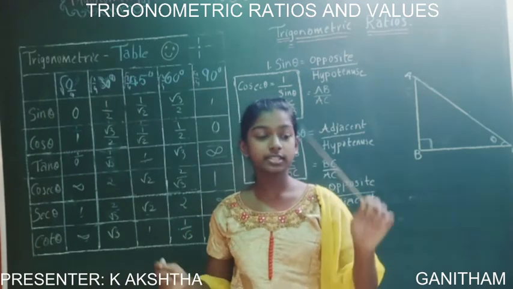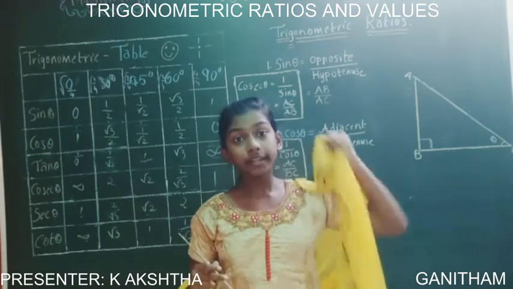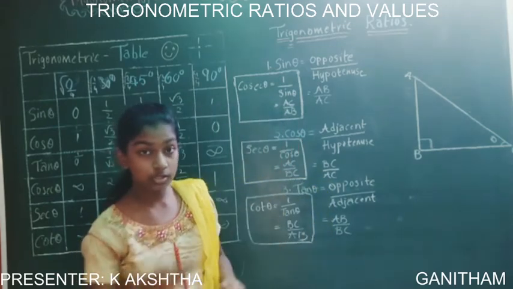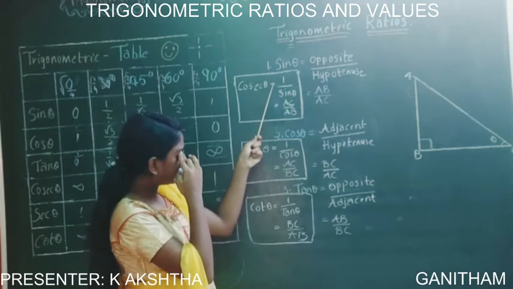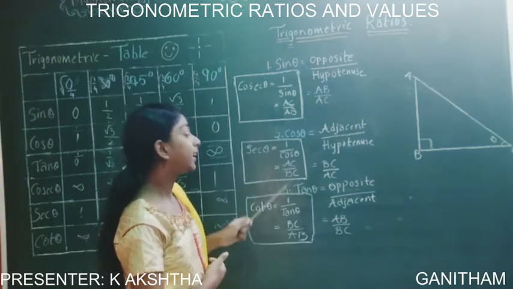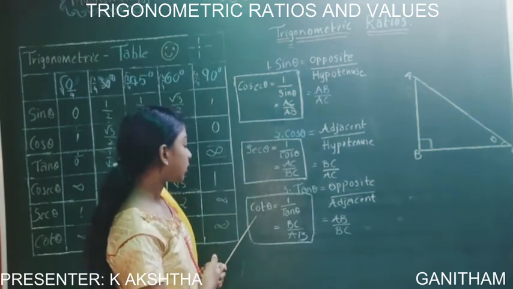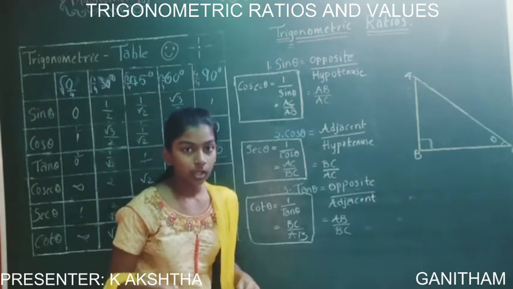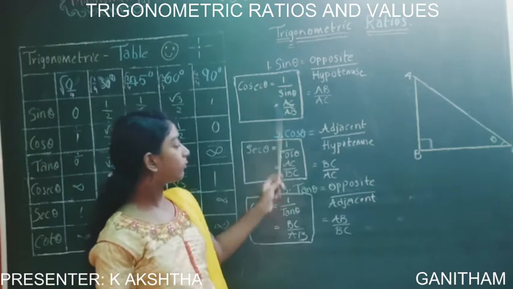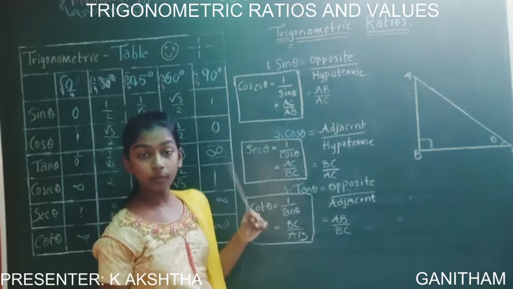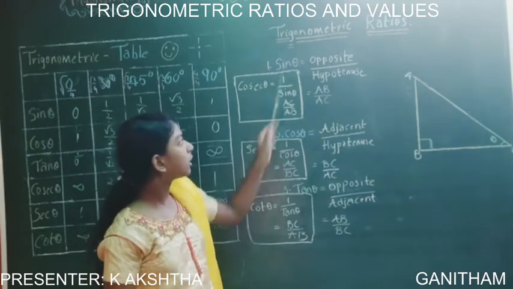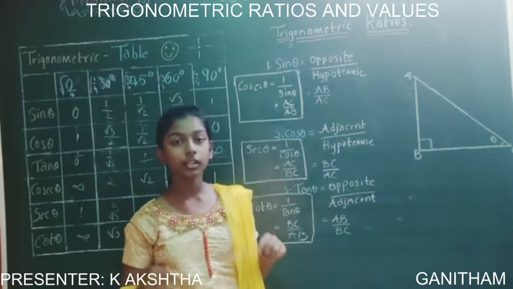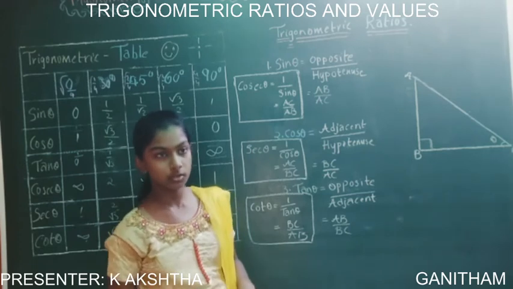We have 6 trigonometric ratios until now: sin theta, cos theta, tan theta, cot theta, secant theta, cosecant theta. Now we are going to learn the values of these trigonometric ratios in a right angle triangle.